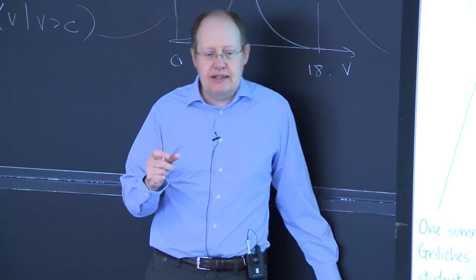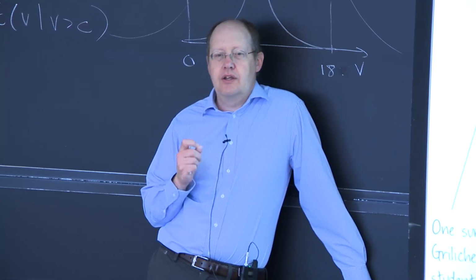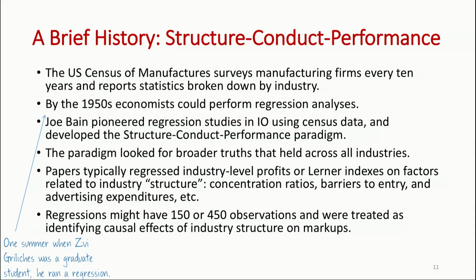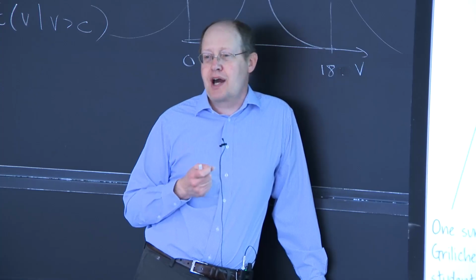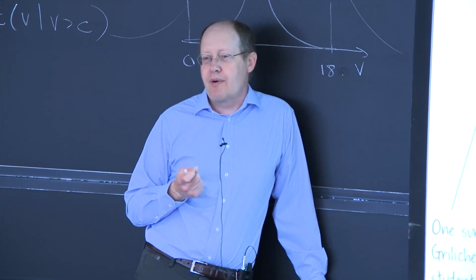In the 60s and 70s, there was an increasing use of statistics in economics. Instead of just writing discussions of industries, people wanted to have regressions in their papers. Regressions started to come into the profession in the 1950s. I have this one anecdote that my wife got from Zvi Griliches, a famous economist at Harvard, that his summer job at some point in the 1950s was to run a regression.